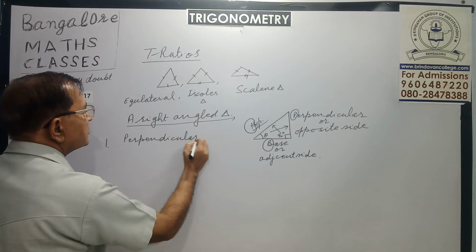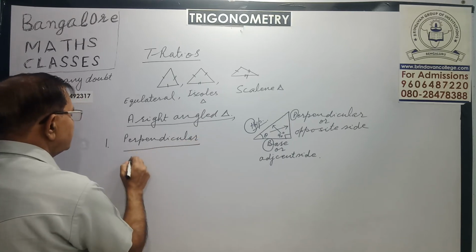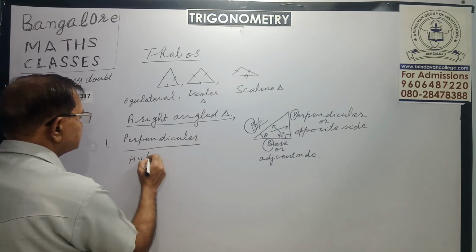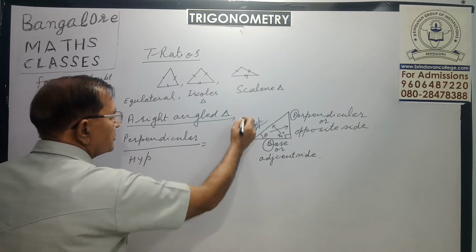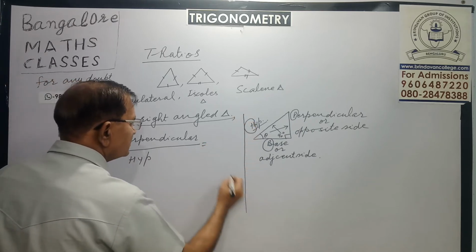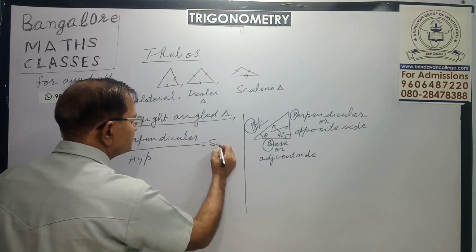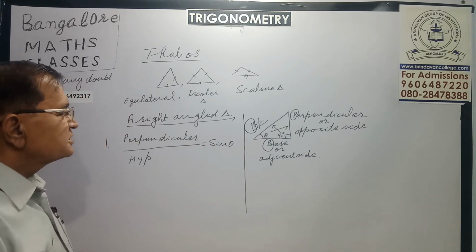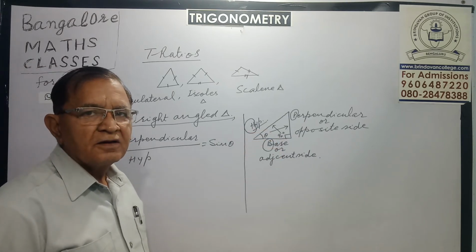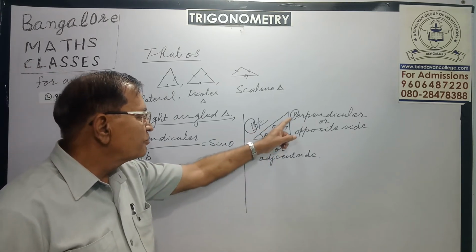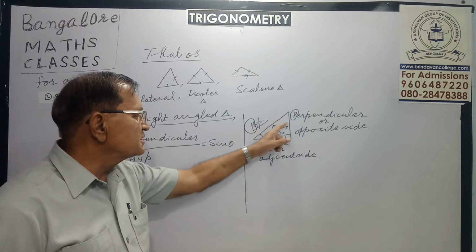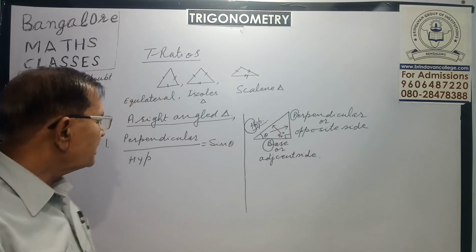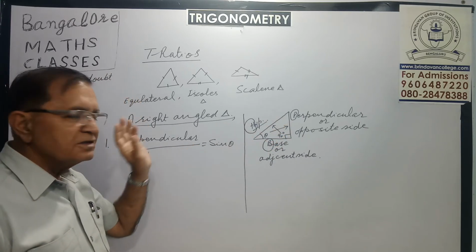We call it as sine theta. See, there are three sides. I have taken the ratio of perpendicular and hypotenuse, these two sides, and I have given it the name as sine theta.